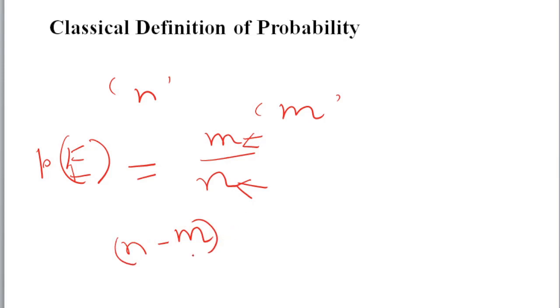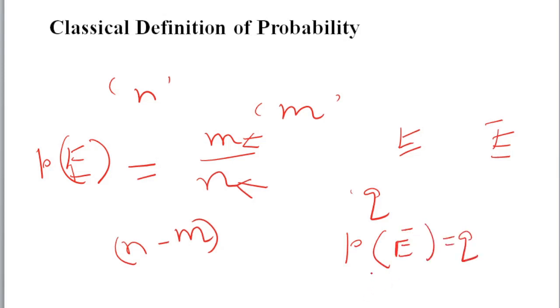The probability of non-happening of the event E is generally denoted by Q. If E is the occurrence of an event, then E complement is the non-happening of that event, and its probability is denoted by Q. This is given by Q equals the number of non-happening cases, n minus m, divided by the total number of all possible cases, n.